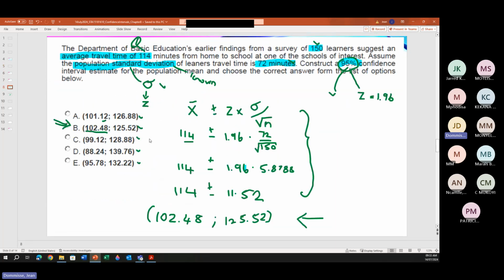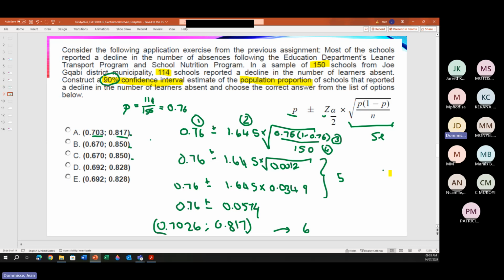Okay, so again, this one we identified it as a population proportion. So we've done now one that we know the population mean is known. We've done one that is population proportion.